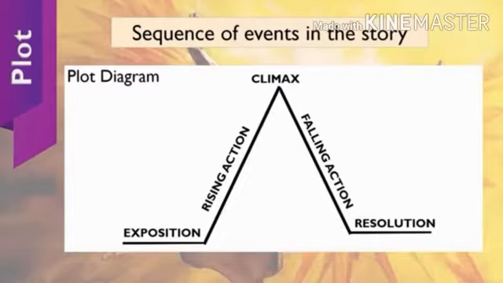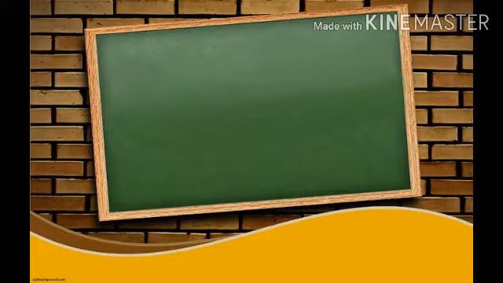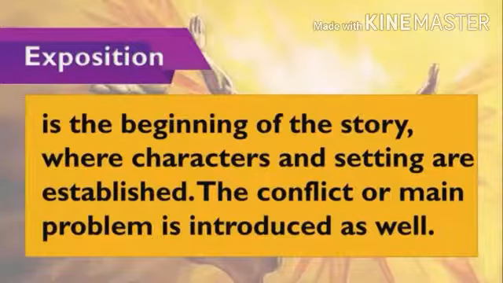A plot is a literary term used to make up the story or to discuss the main parts of the story. A plot diagram has 5 main parts: exposition, rising action, climax, falling action, and resolution. So what is an exposition?